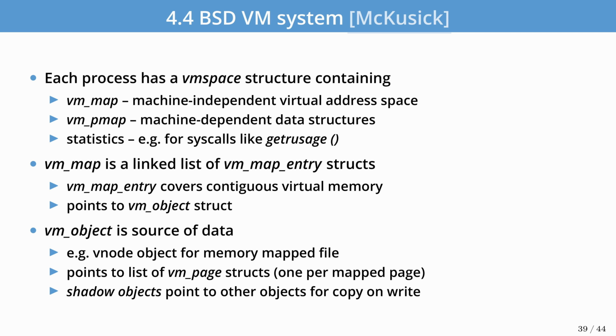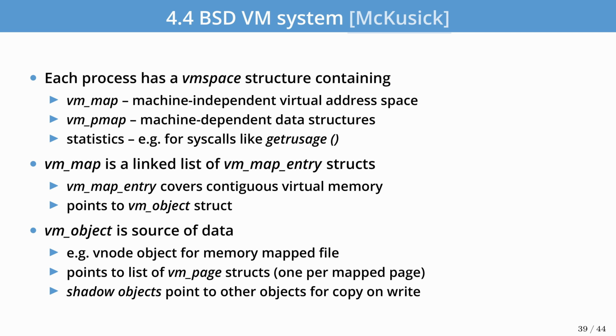vmap is a linked list of vmap entry structures. Each vmap entry covers one of these contiguous regions of memory, and it points to a VM object that was created when we first called mmap. A VM object is the source of the actual data. It says whether to read data from a file backed by a vnode, as we'll talk about when we look at file systems, for memory mapped files, or it points to a list of VM pages that represents all of the pages in memory.